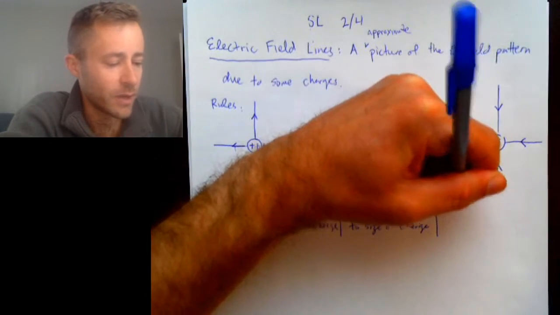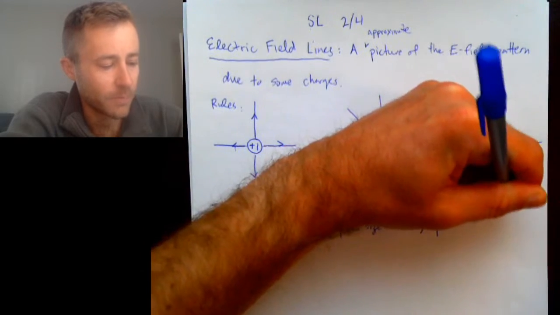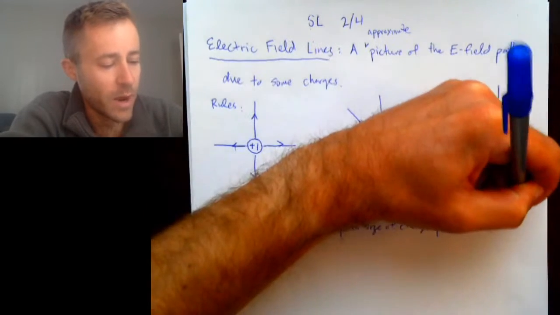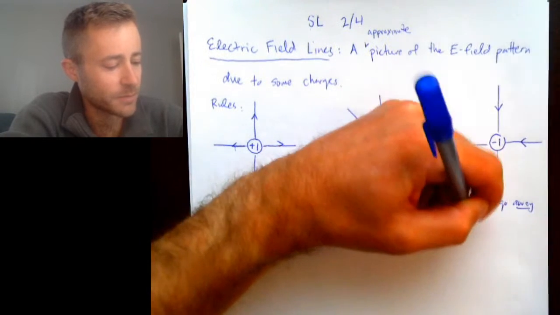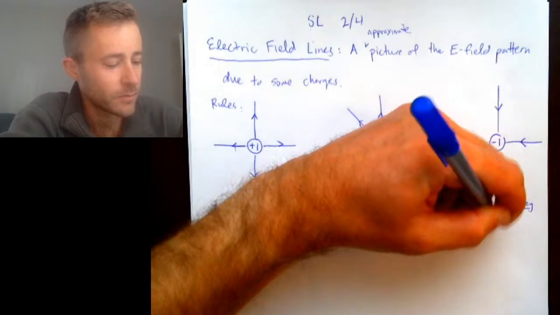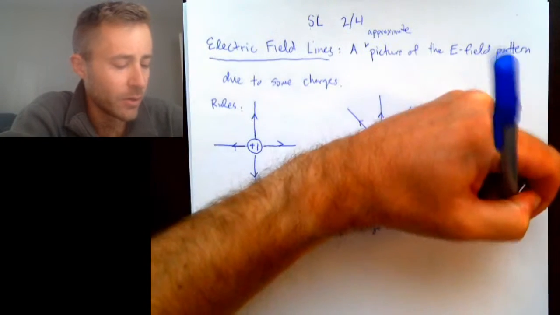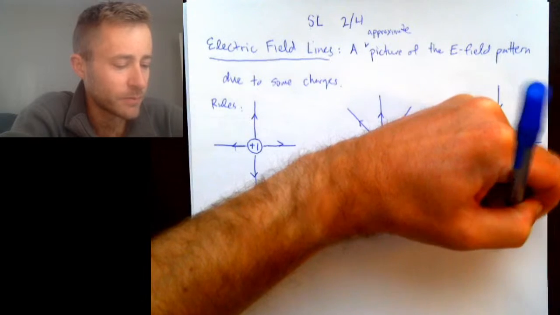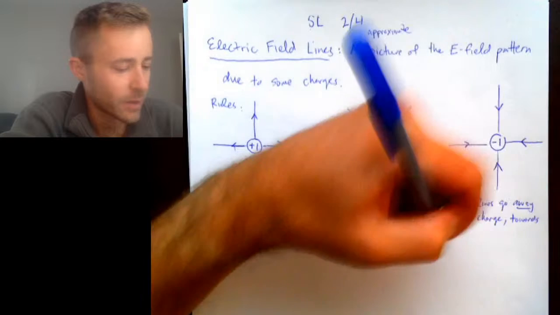So field lines go away from positive charge. Okay? And they go towards negative charge.